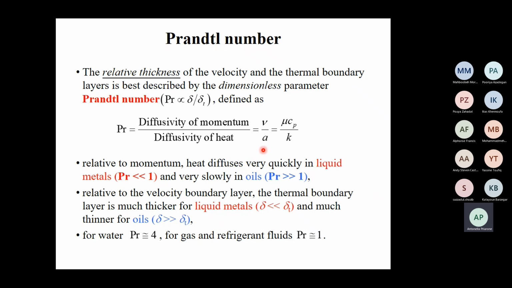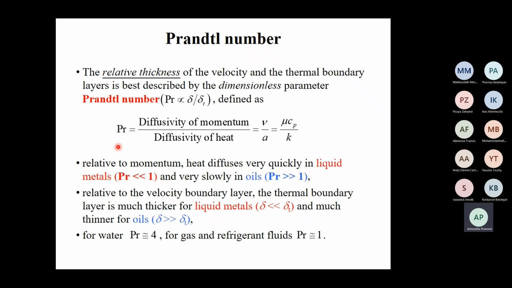The definition, if I have to calculate the Prandtl number, is kinematic viscosity divided by thermal diffusivity. So finally it can be written in this way: dynamic viscosity, specific heat capacity, thermal conductivity. These are all thermophysical properties of a fluid. So also the Prandtl number is a sort of thermophysical property of a fluid.